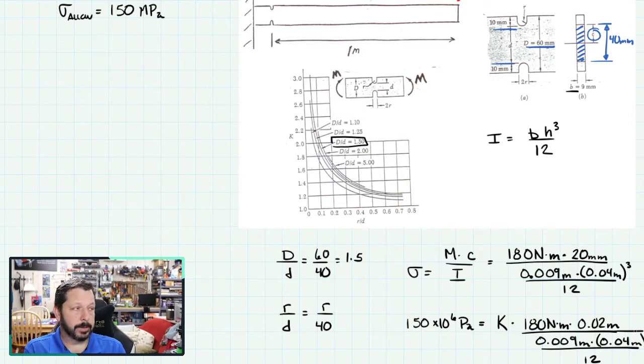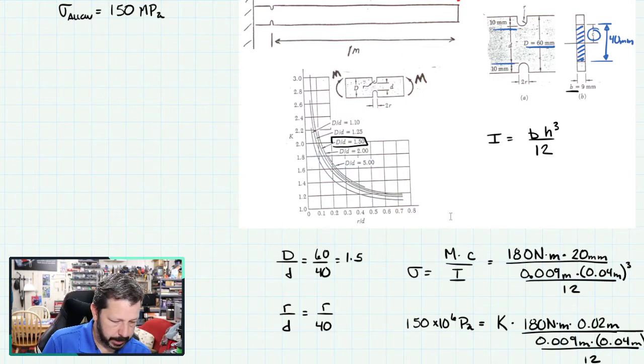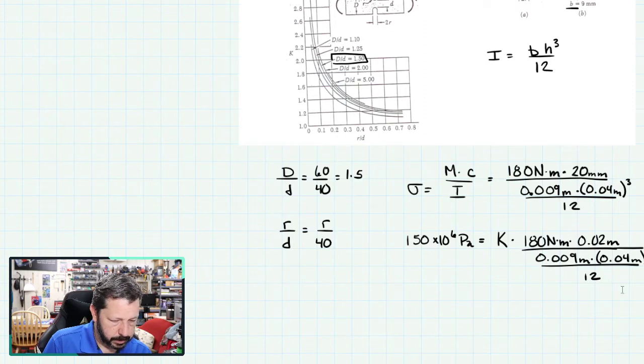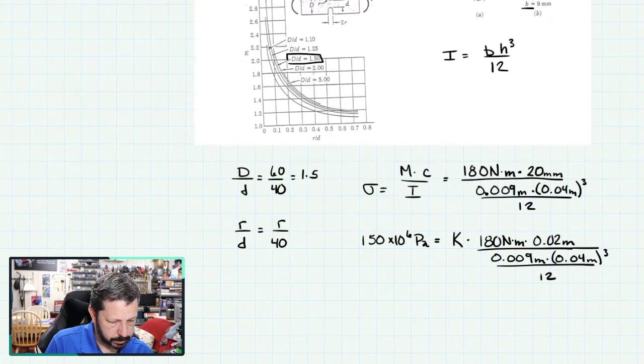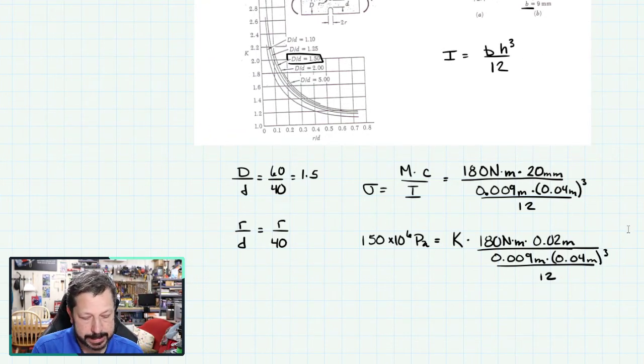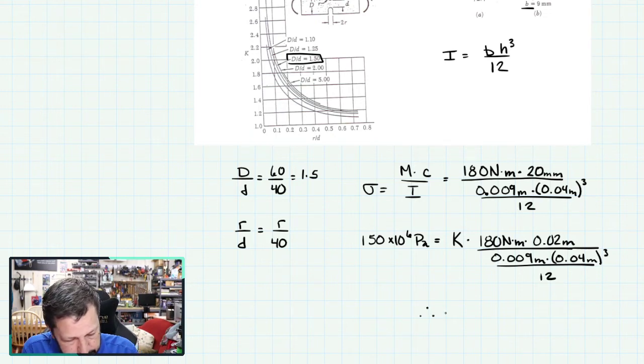So the only unknown in our equation, which kind of scrolled off the page here a little bit, is K. Let's see if we can move it over a little bit. There we go. Perfect. The only unknown in this equation is K. So let's see if we can solve for K.